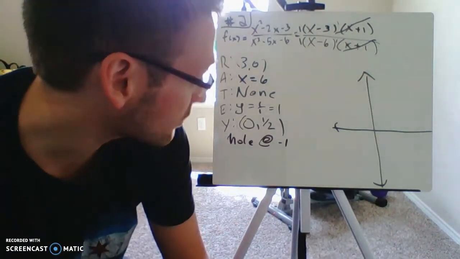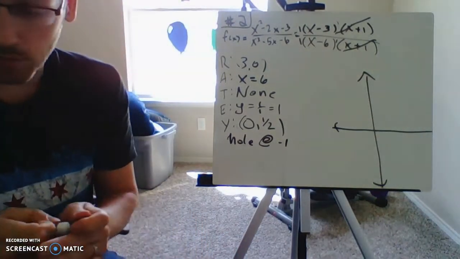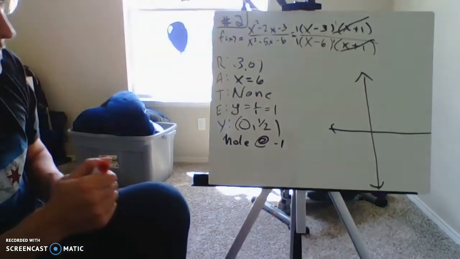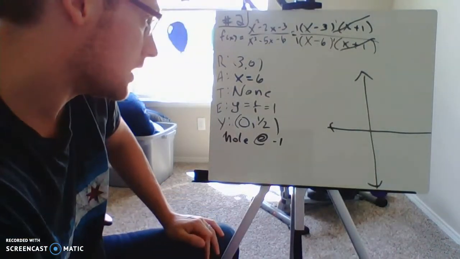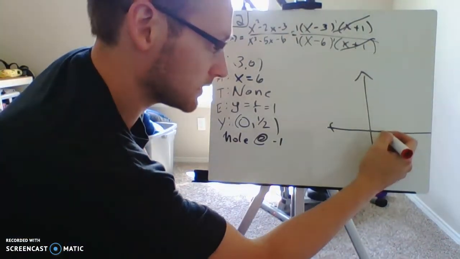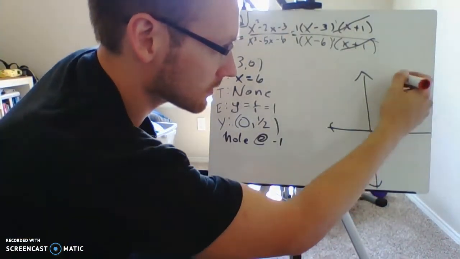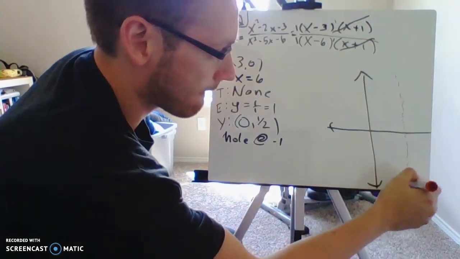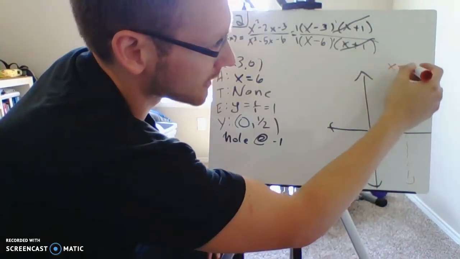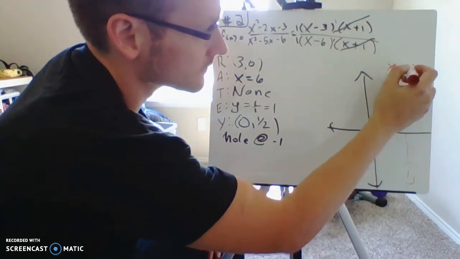And now we're going to graph it. Let's put our asymptotes in. Our asymptotes are going to be at 6. 1, 2, 3, 4, 5, 6. That's a vertical line at x equals +6.